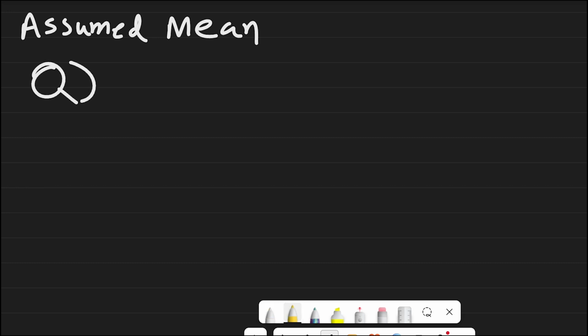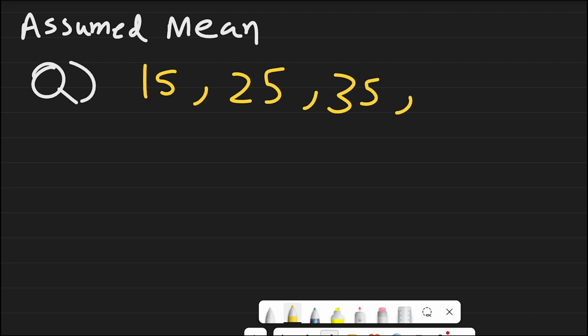Our data is, let's say, 15, 25, 35, 45. Now, in exam conditions, if you have to add 15, 25, 35, 45 on your calculators or manually, that is more prone to errors, right?